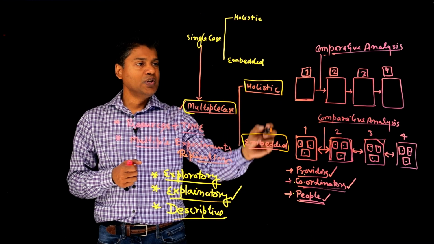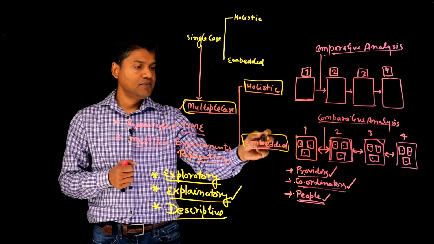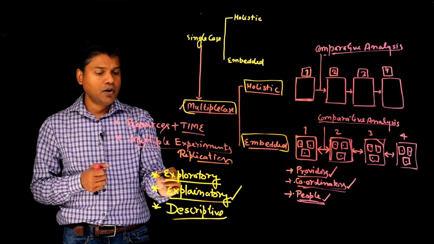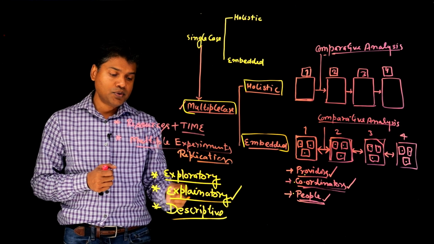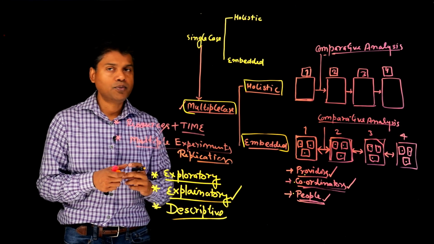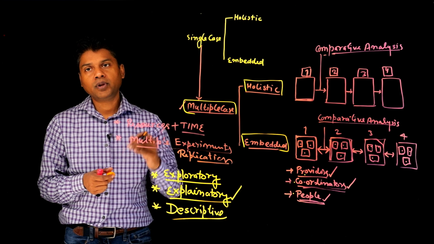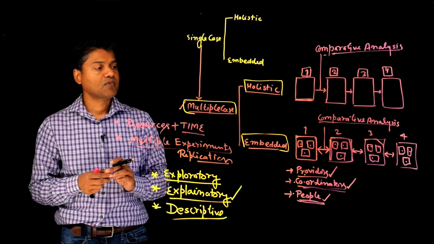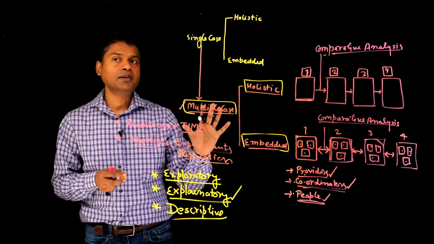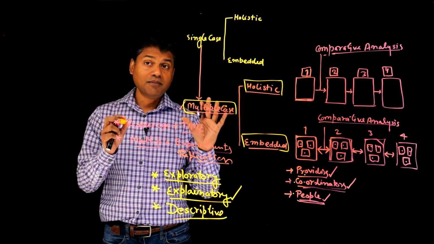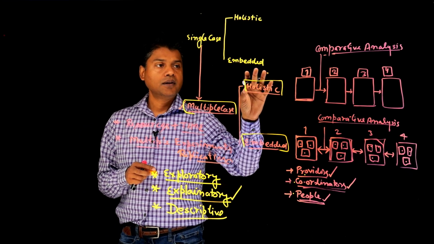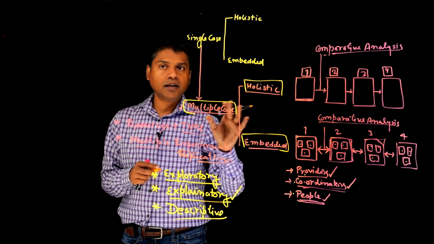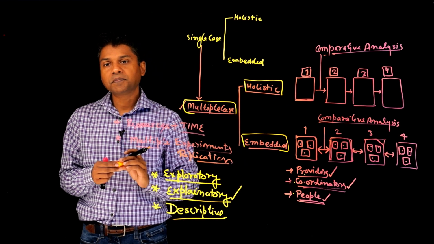And then within holistic and embedded research design, you can adopt exploratory approach, explanatory approach, or descriptive approach when you are exploring these cases. I hope this explanation has given you some idea at least of how multiple case research design looks like in case study research.